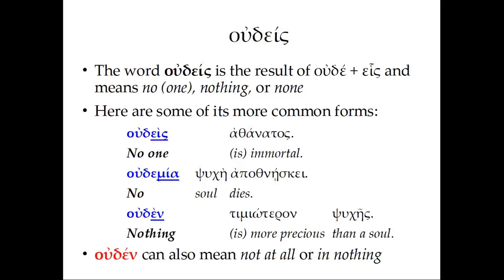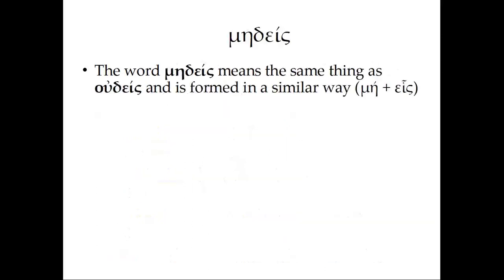It's kind of like the comparative adverbs we've seen, where basically the neuter singular form is used adverbially. We see that with other words as well, and with non-comparative words too. So sometimes you'll see ouden, and it doesn't seem like it's the subject in the nominative. It doesn't seem like it's the object of anything. You might try translating it adverbially as not at all or in nothing.